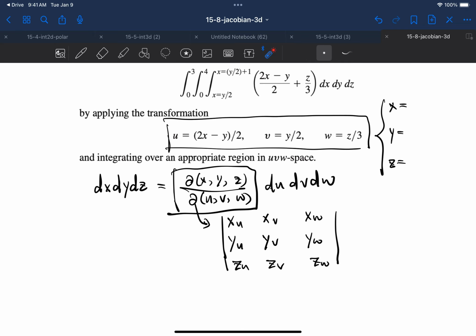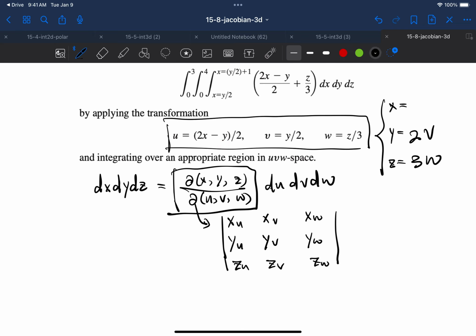Of course, from the last one, you can see that z is 3 times w. And from the second, v equals half of y, multiplying 2 on both sides, y equals 2v, right? And for the first one here, we can see that if I divide u to both terms, then this is u equals x minus half y.